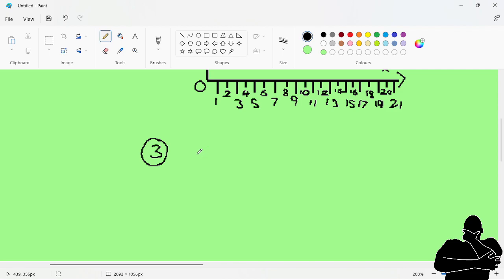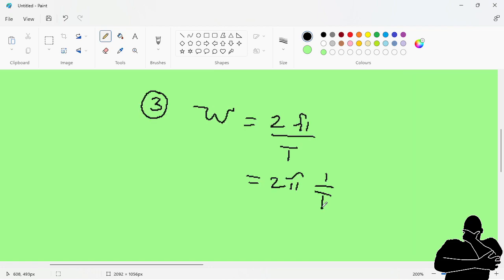Now angular frequency, represented as omega, is equal to 2 pi over the period. In other words, it's equal to 2 pi times 1 over the period. Now remember at the beginning of the video, I mentioned that frequency is the inverse of period.